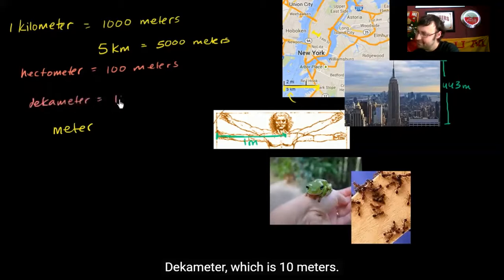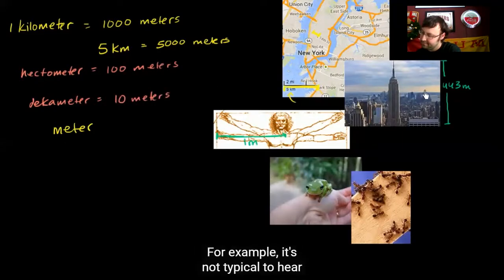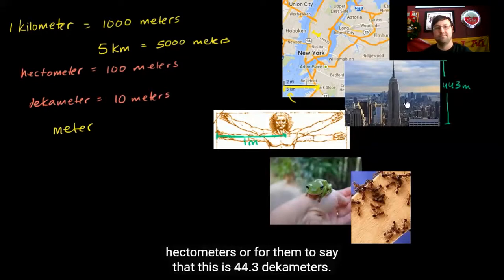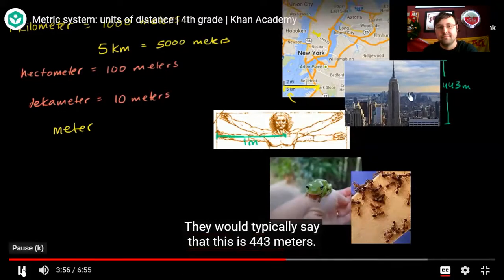And I'm going to write these in orange because they're not that frequently used. For example, it's not typical to hear someone say that the Empire State Building is 4.43 hectometers, or for them to say that this is 44.3 decameters. They would typically say that this is 443 meters.